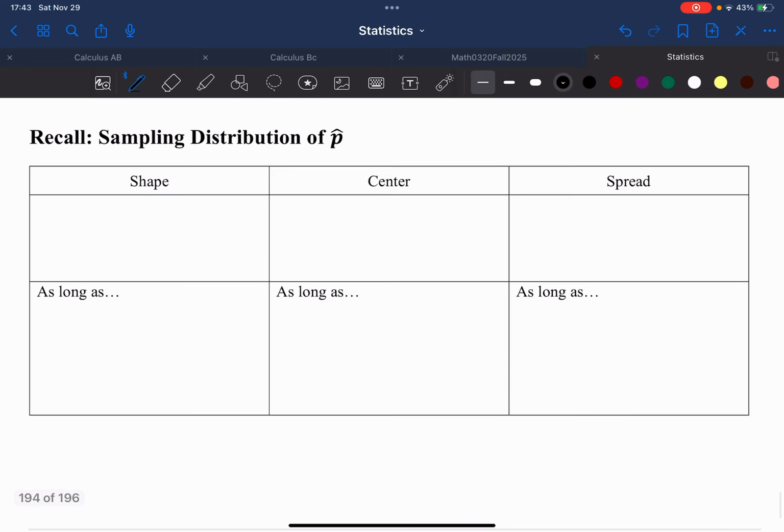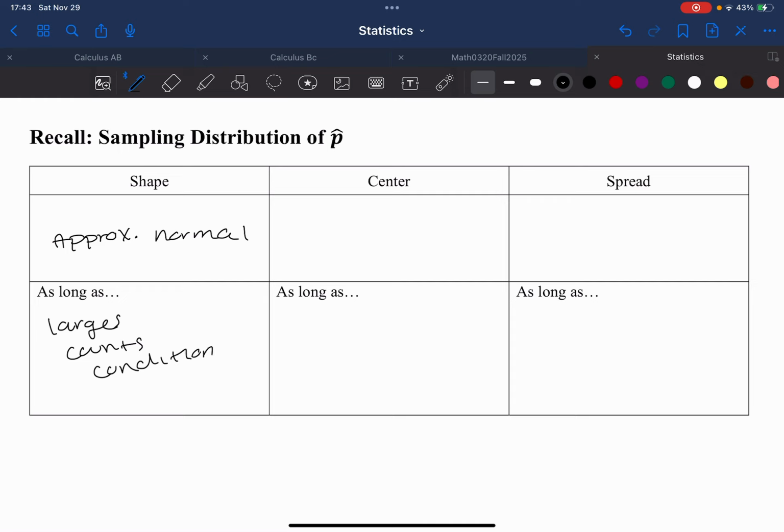So let's first recall the sampling distribution of P hat. We know the shape is going to be approximately normal, as long as we satisfy the large counts condition.